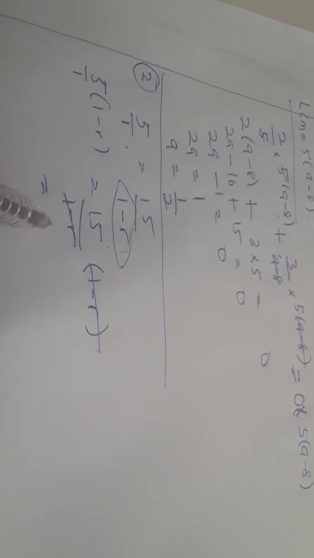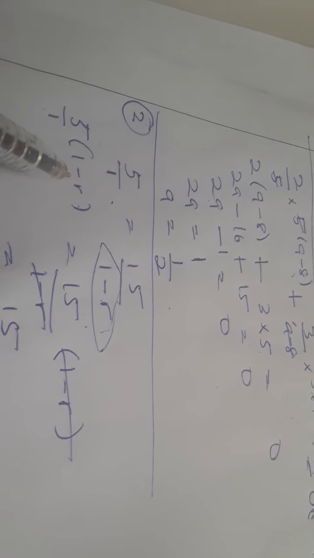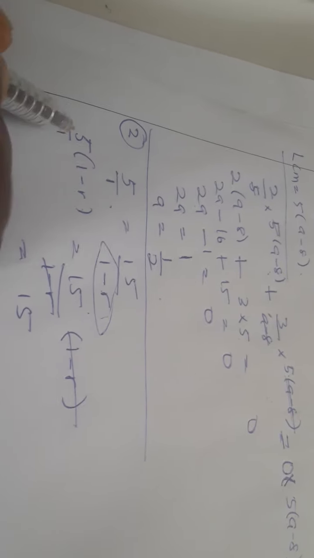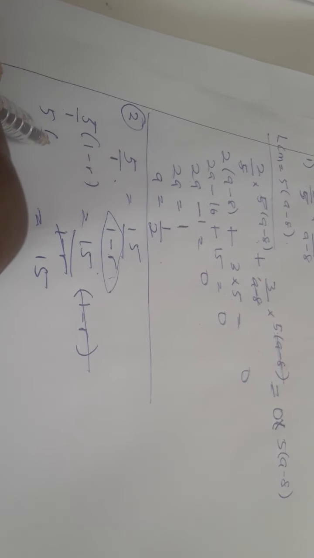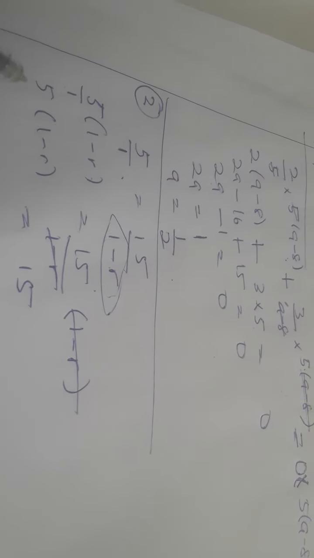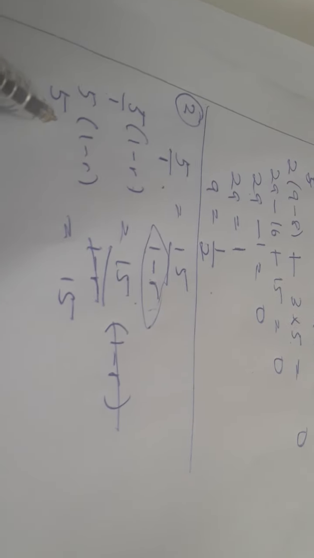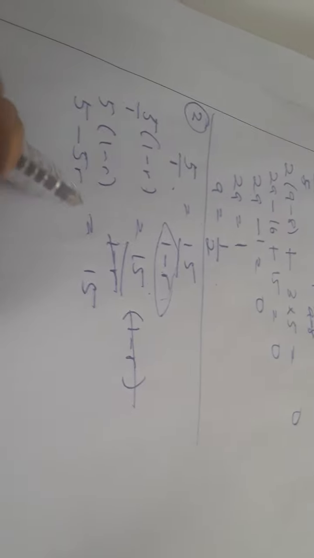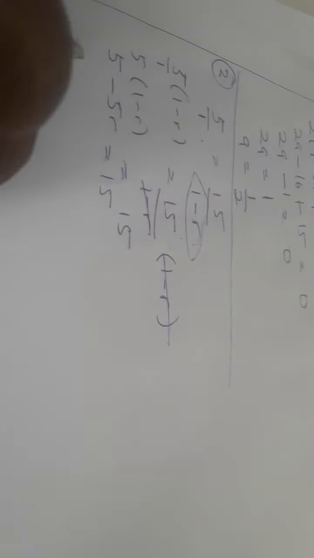So 1 minus r will cancel out 1 minus r on the right hand side, and you are left with 15. On the left, 1 minus r divided by 1 remains 1 minus r. So you still have 5 into 1 minus r. Now if we multiply this out, you have 5 minus 5r is equal to 15.